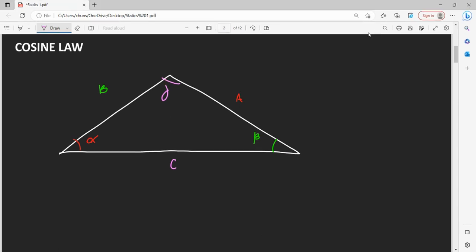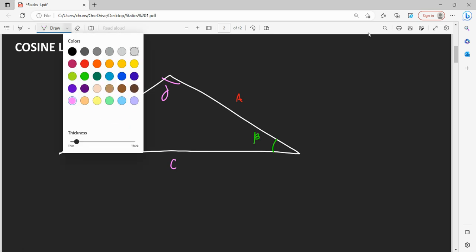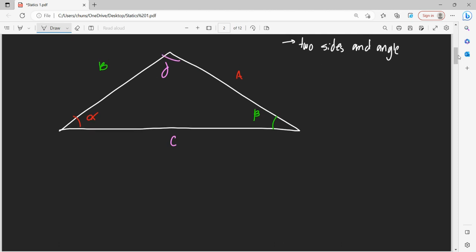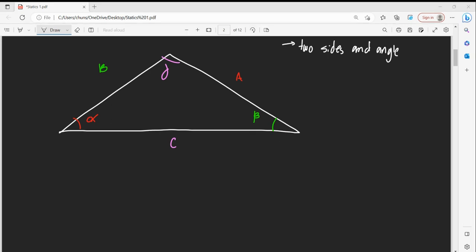So we use cosine law when we are given three sides, or two sides and an angle. And cosine law is as follows.